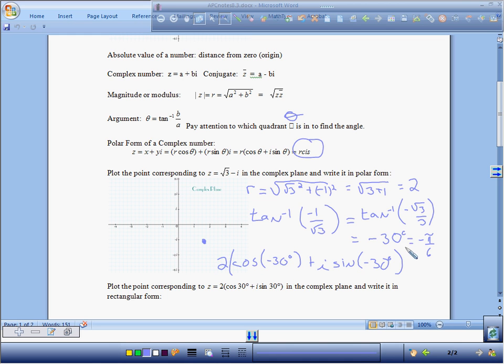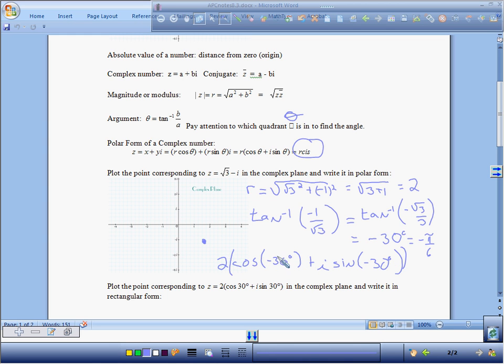Oh, there should be another parenthesis. Because this is r, which I pulled out here, right? Cosine of theta, which is negative 30, right? i sine. I'm just plugging into this formula right there. i sine of negative 30. And are you going to solve that? No, I'm done. It just writes in polar form.